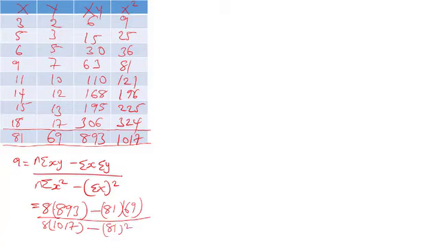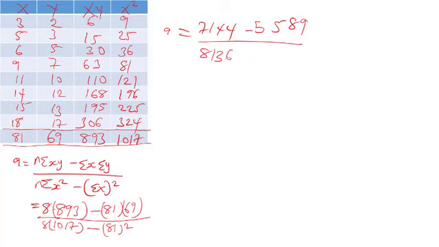So with this, we now have our a. The value of our a becomes 7144 minus 5589 over 8136 minus 6561, which is equal to 1555 over 1575.